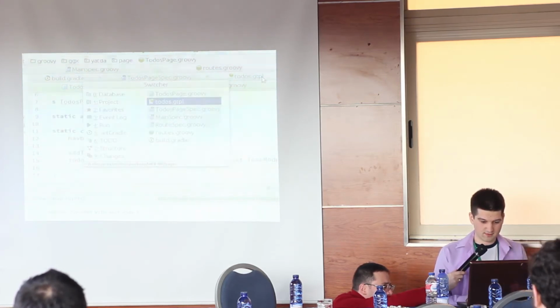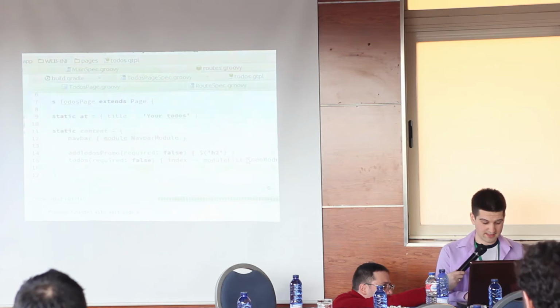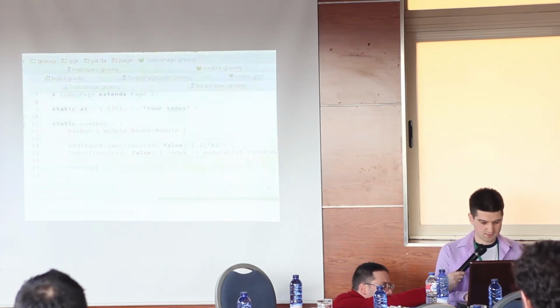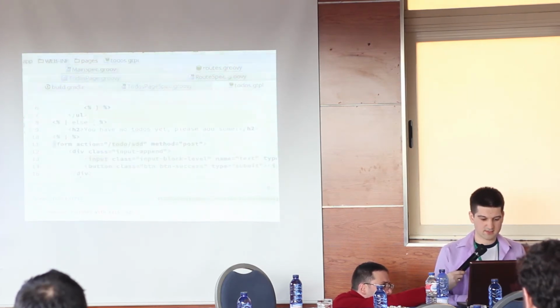So when we have a look at the markup, we just added an input with name text. So let's select it. So new to-do will be an input with name text, and there's also a button that will allow us to submit the new to-do.